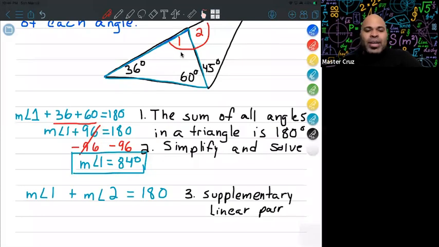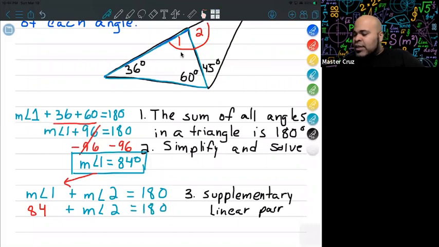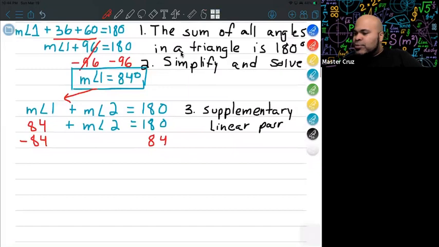I already know what angle 1 is; I just found it. So all I have to do is substitute. Instead of writing angle 1, I'm going to write 84. I don't need a degree sign. So 84 plus the measurement of angle 2 equals 180 degrees. I'm going to subtract 84 from both sides of the equal sign, because I am solving the equation.